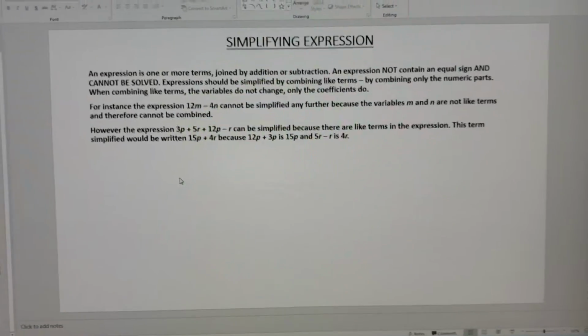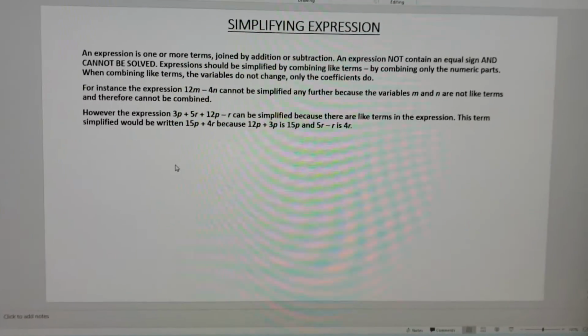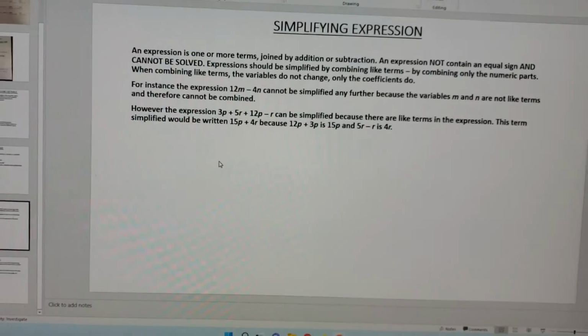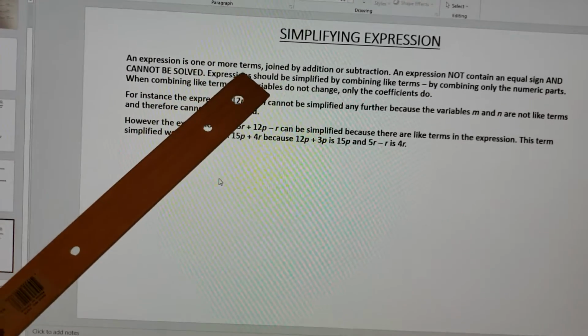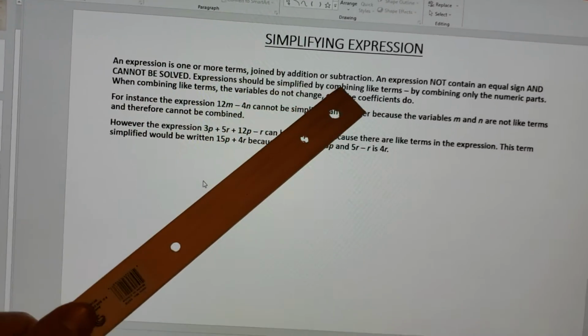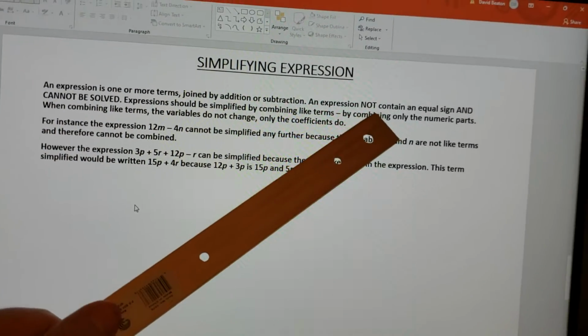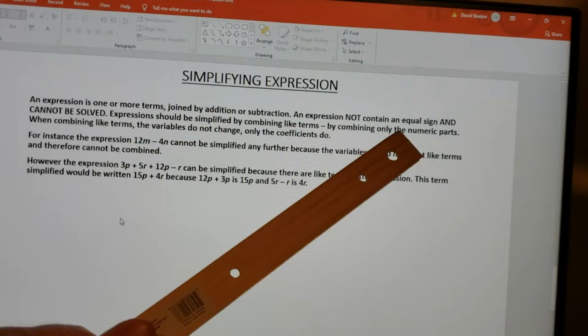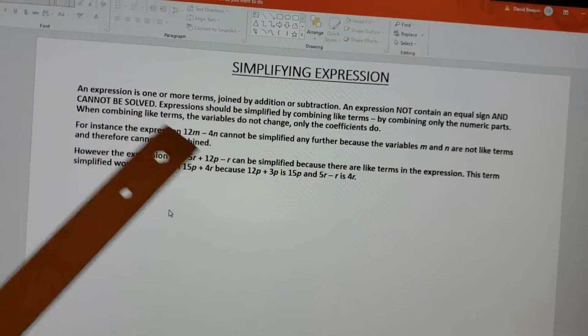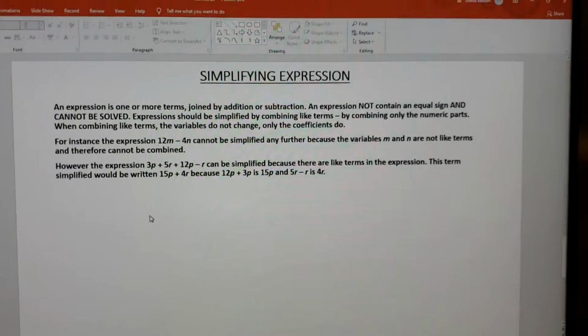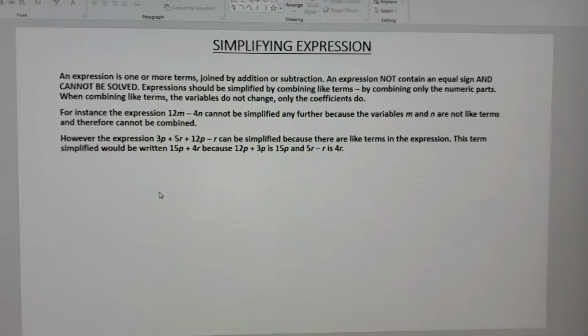Simplifying expressions. An expression is one or more terms joined by addition or subtraction. An expression does not contain an equal sign and cannot be solved. You can only simplify an expression.